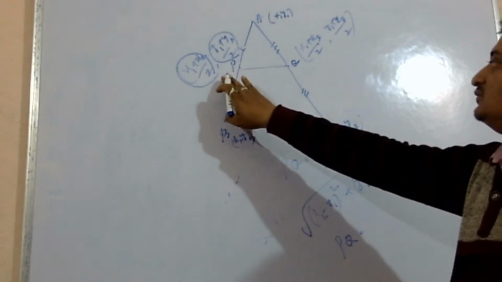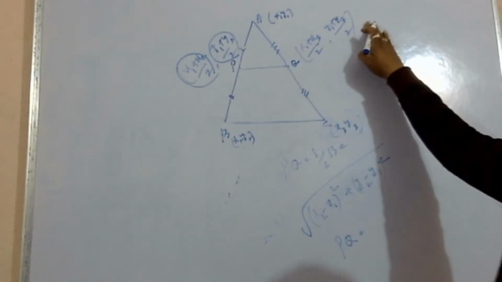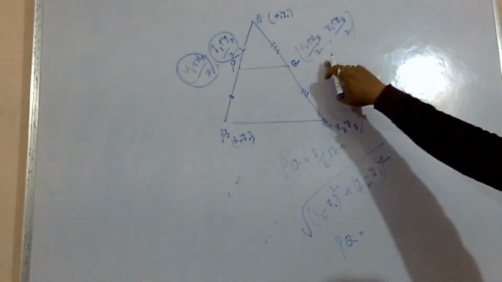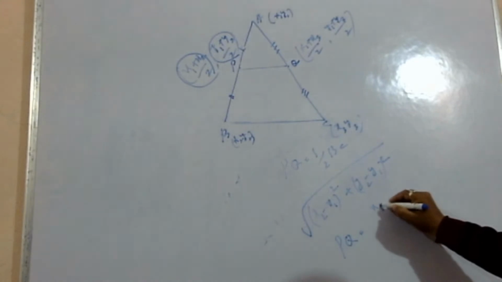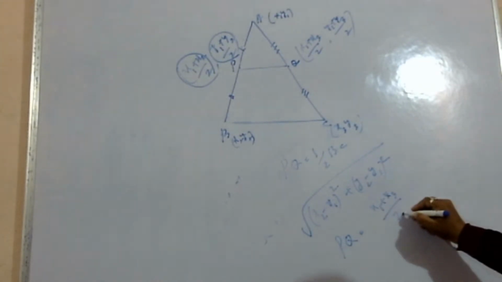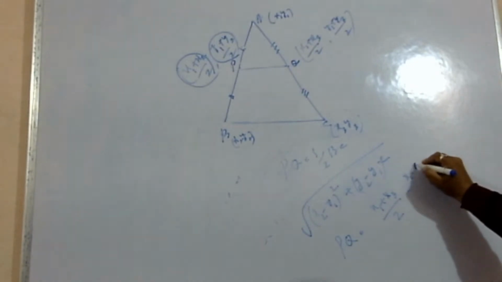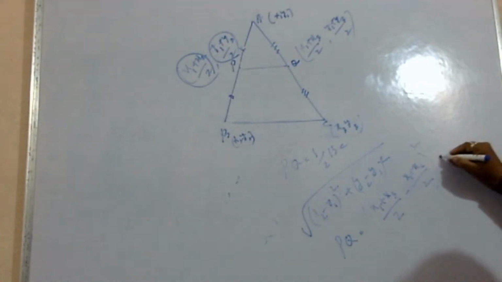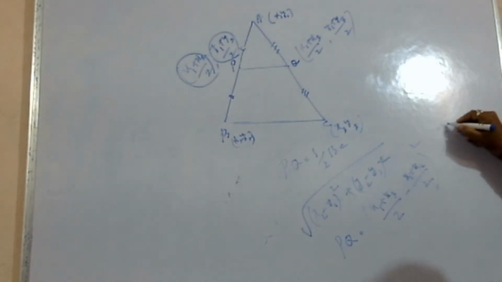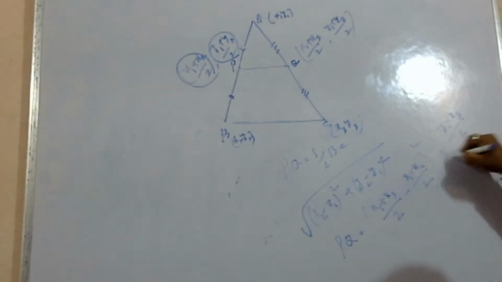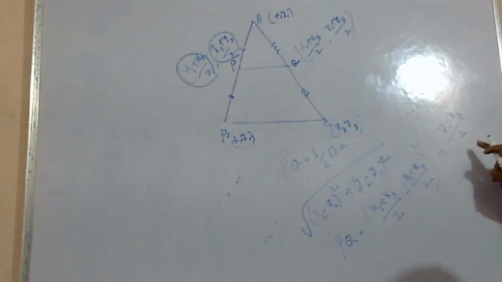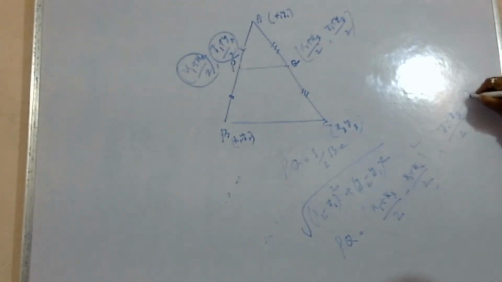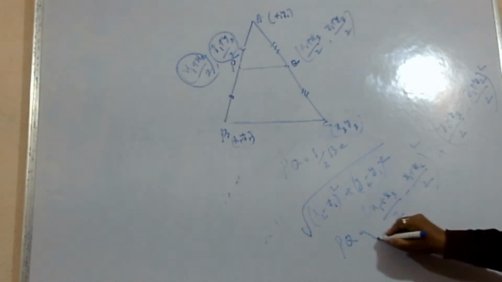Then this is x1 y1, this is x2 y2. In this way, x2 means x1 plus x3 by 2, minus x1 plus x2 by 2, whole square, plus y2, that means y1 plus y3 by 2, minus y1 plus y2 by 2, whole square, root over.